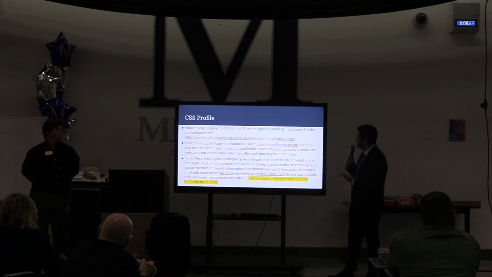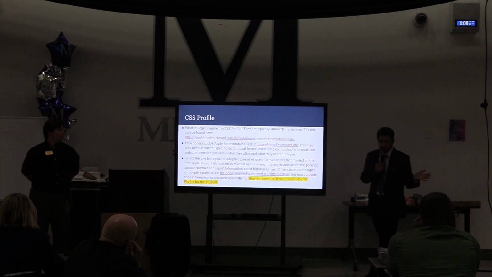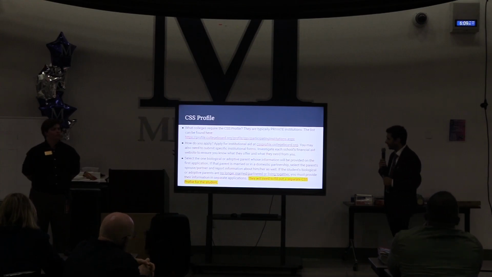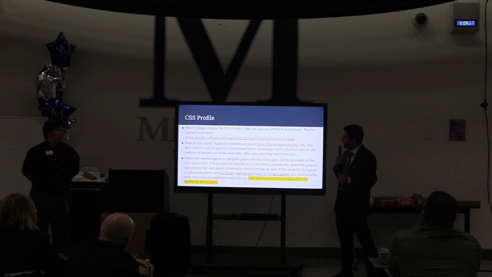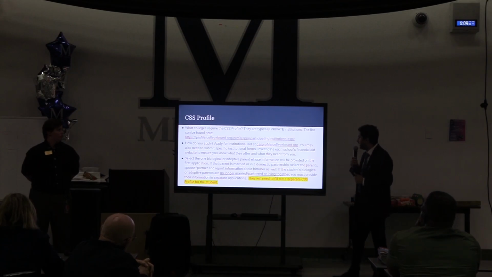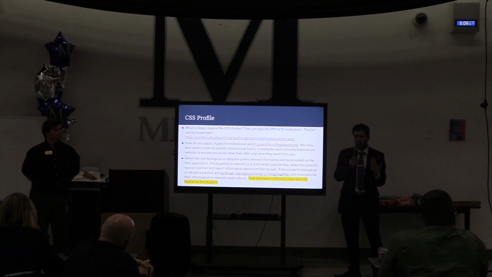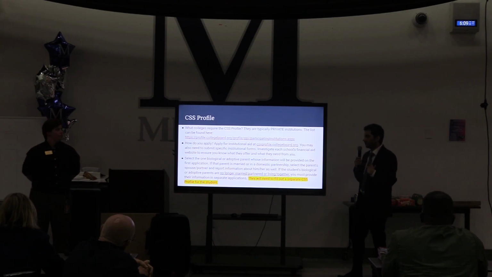So like we said, typically private institutions, you apply through cssprofile.collegeboard.org. Again, normally this is done through the account of the student. Every single student of ours has a College Board account, so you can reach that. You can quickly Google CSS profile and you're going to be able to apply as well. So the reason why I said in the beginning too that it can be a little bit more complex is because they get a little bit more intrusive. They do ask more about the assets.